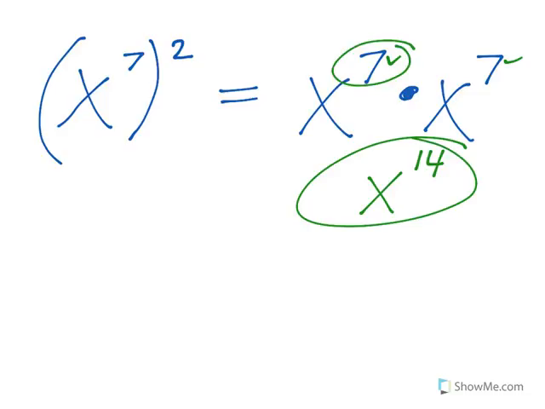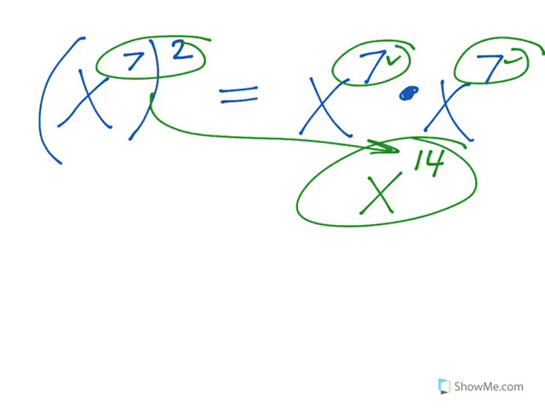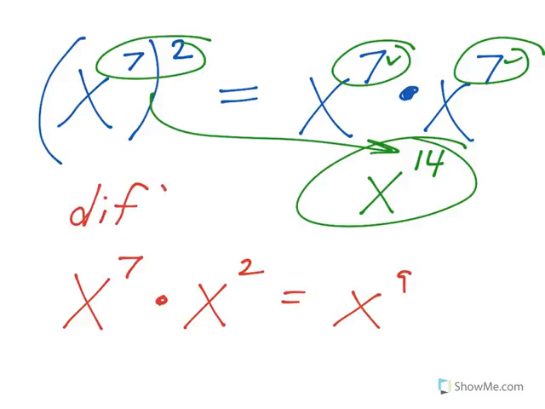Remember, you add them, add and add. Or 7 times 2 is 14. It's different. It's not the same as this. I hope I'm not confusing you. x to the 7th times x squared is x to the 9th. See? Different. Okay? Different.